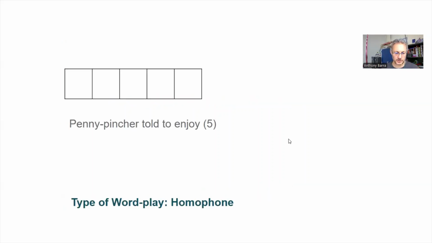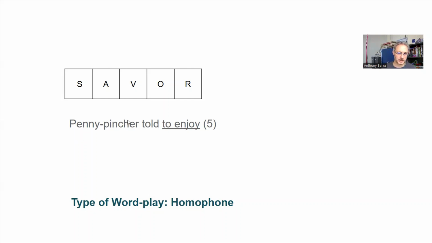Penny pincher told to enjoy. So this is going to be a homophone clue. To enjoy is the definition, and another way of saying to enjoy is savor something. And a penny pincher is told. So whenever you have something that is audio based, like told, or on the radio or on the phone or broadcast out loud, these might be words indicating that some sort of homophone action is happening here.